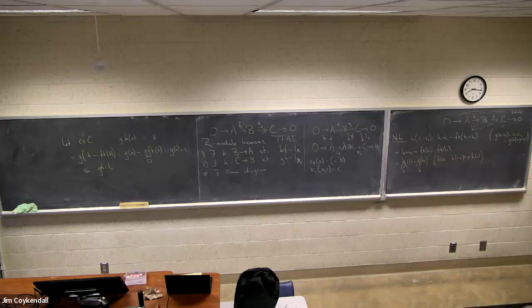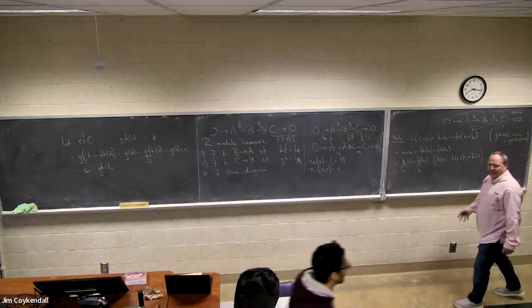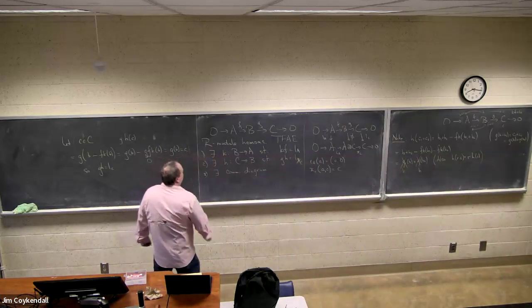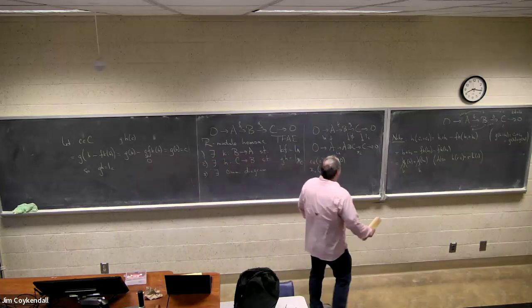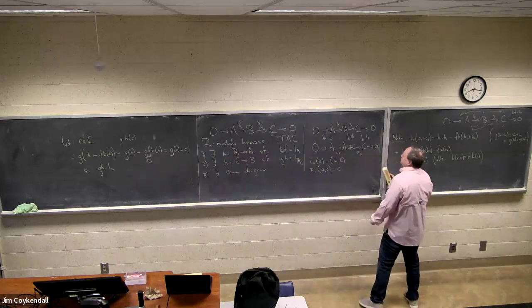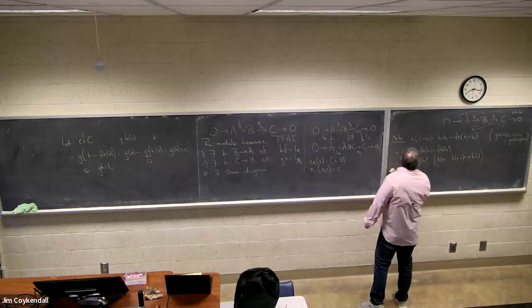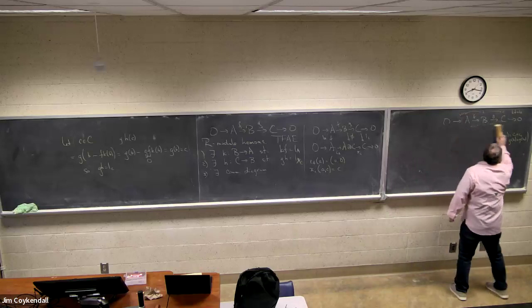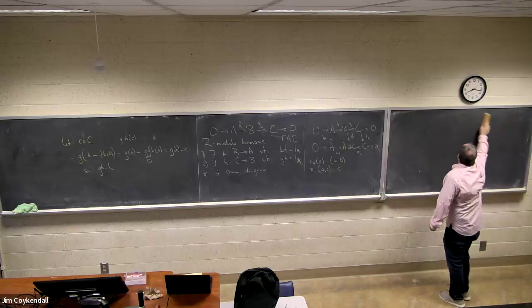Okay, let's do the other direction. And now I think this one probably gets the seeds of how you would do the other one. So now we assume that we have the other part of this.